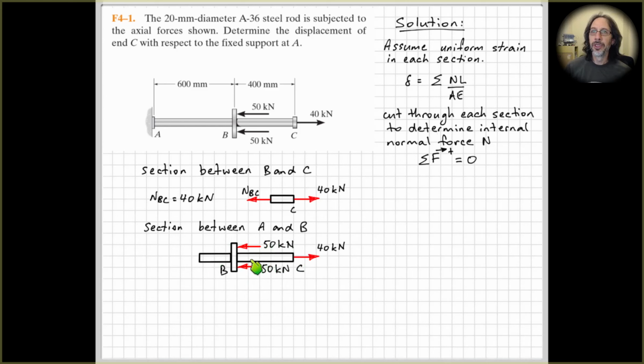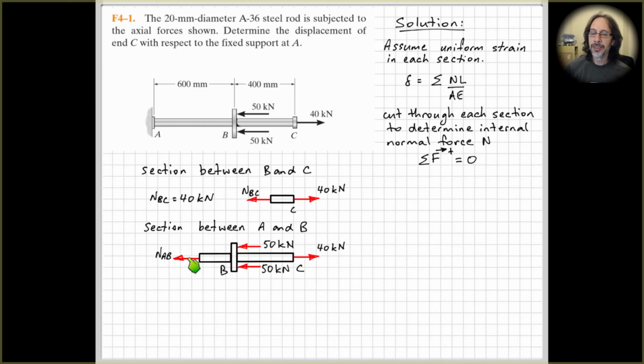And a lot of students ask me, why do we need to put this out here? Why don't we just look at this little bit here between the cut and B when we're looking at section AB? It's because all of these forces out here are generating the internal force at this section that we're looking at. All right, so if we put on our internal normal force, N_AB, again, assume that it's in tension.